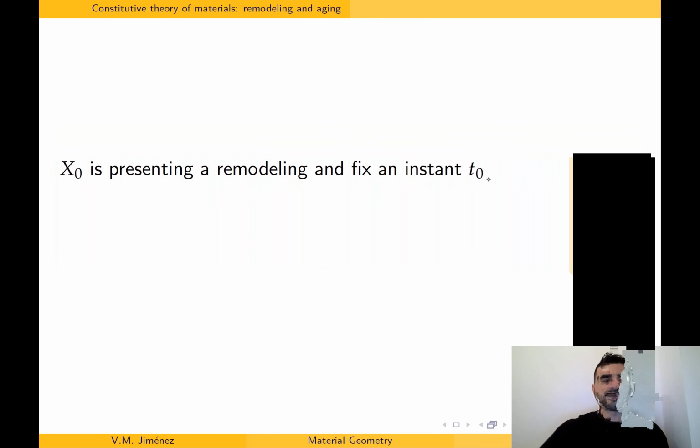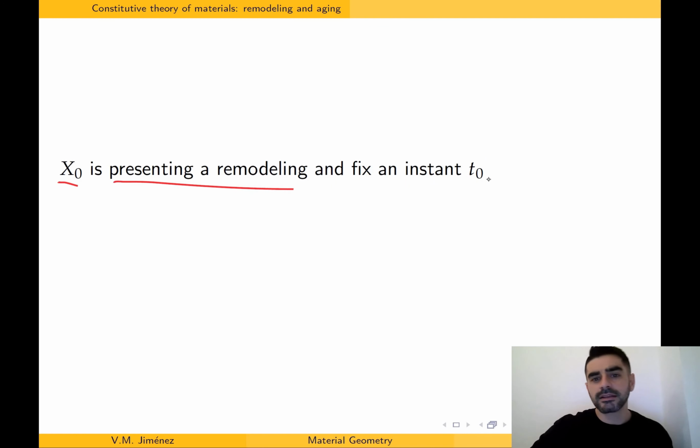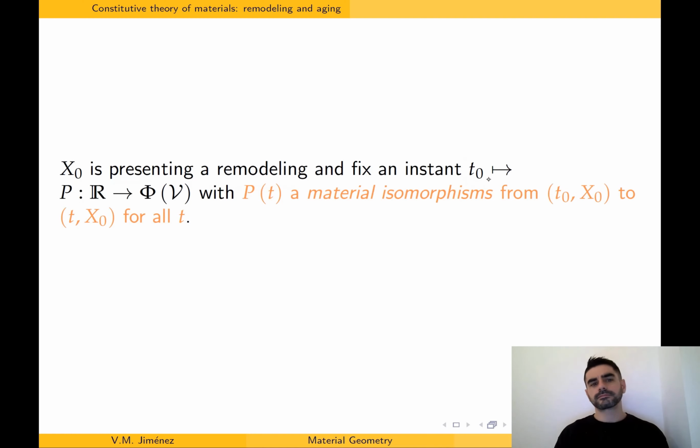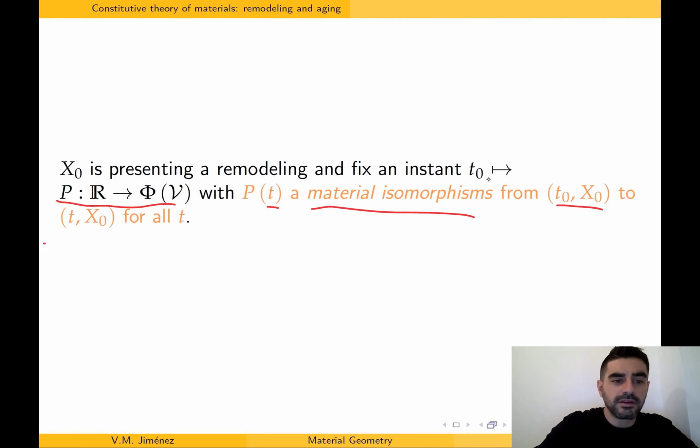So, by definition, fix a particle presenting a remodeling and fix a time t0. Then we can find a map from R to the frame groupoid such that for each t, the image is a material isomorphism joining these two pairs.